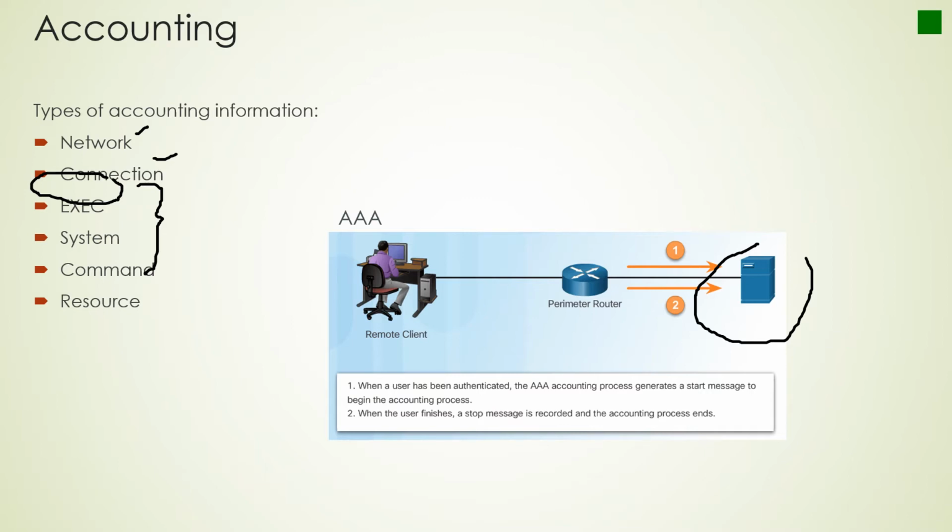Or say, for example, the client has upgraded a memory module in the router, or executed a command, or displayed certain resource information in the router. So all of the actions done by the remote client to the perimeter router are recorded in the accounting module of the AAA.